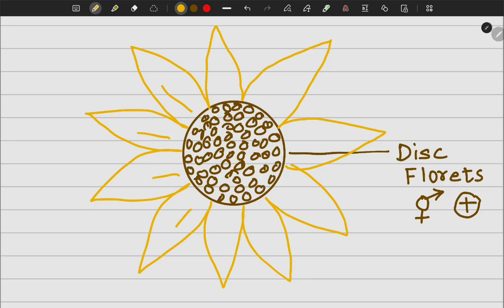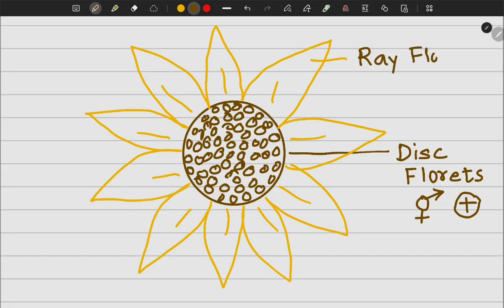Alright, so these are also the florets, and they are called ray florets. If you remember, we studied about ray florets of sunflower in one of the examples.